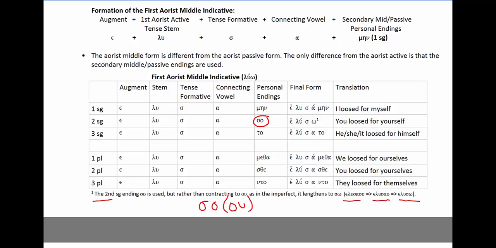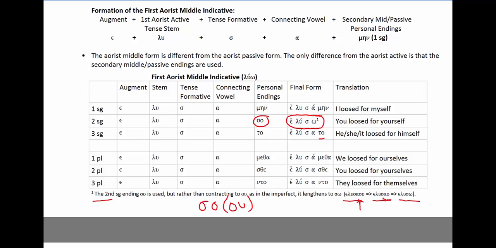So elusaso, elusao, that first sigma drops out there, and then the a-o contracts to an omega. If that doesn't make sense, you can look it over for yourself. But that's how you get to here, to elusou. Basically just some contractions that occur. And the to isn't affected, so everything else is very normal.